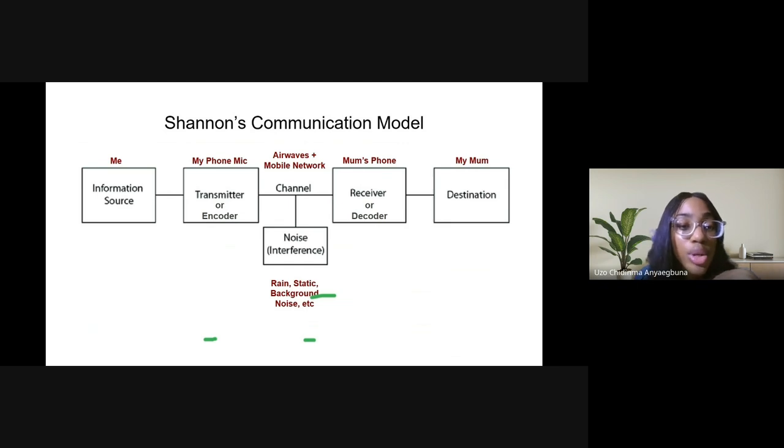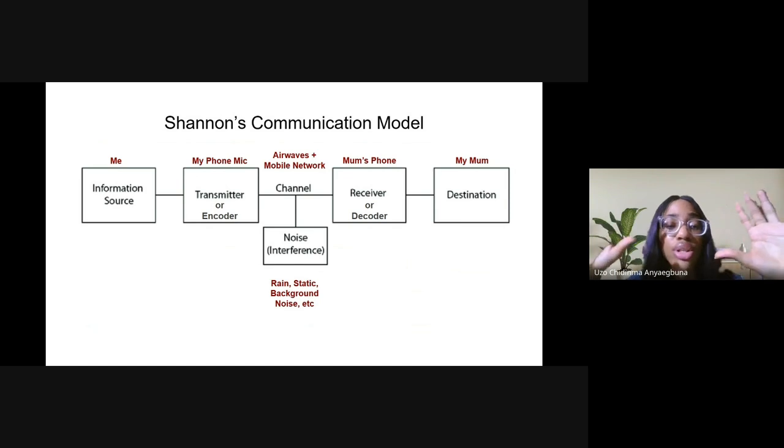And we also have what we call noise that's present in every day of our lives. So it's the rain in this scenario, it's the static, it's the weak network, the background noise, it's anything that distresses or distorts and interferes with the message. That's what we call noise. So the noise is in there and it travels with the message that I sent.